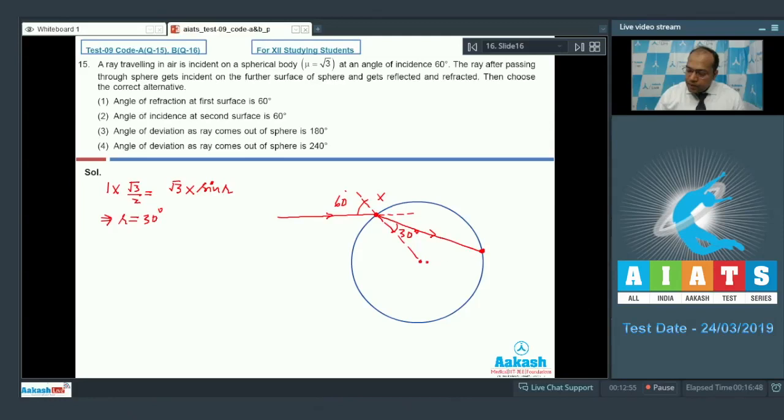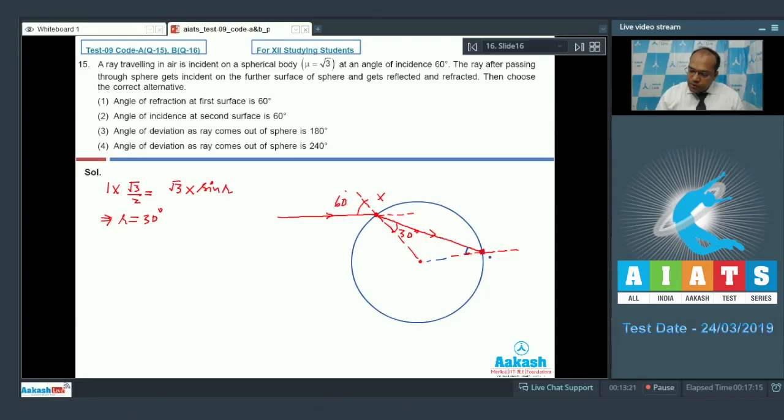Now the normal at this point is drawn in this direction. So at this point the reflection and refraction both occur. Suppose I consider the refraction, then if this angle is 30 degree, this angle is also 30 degree because this is an isosceles triangle, and the angle of refraction at this point will automatically be 60 degree.